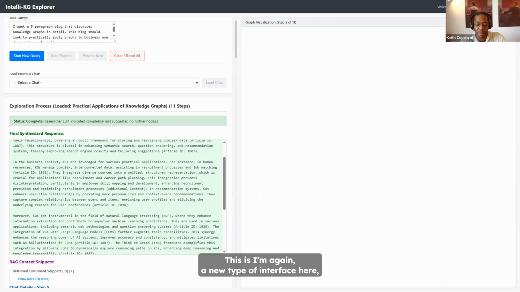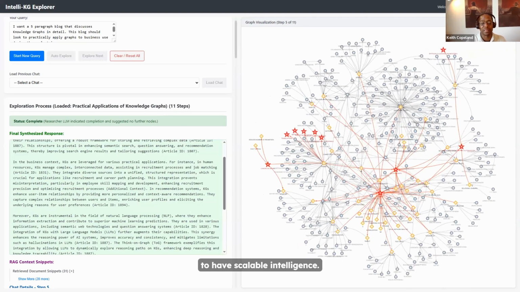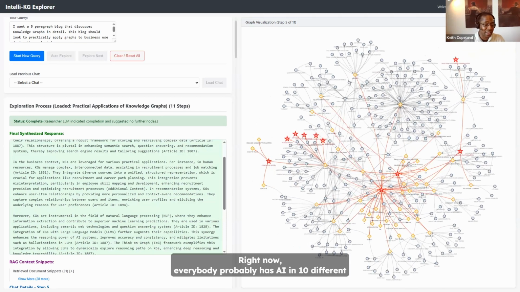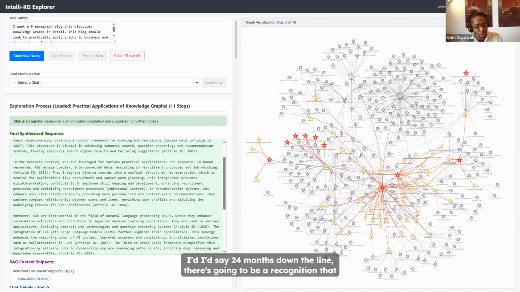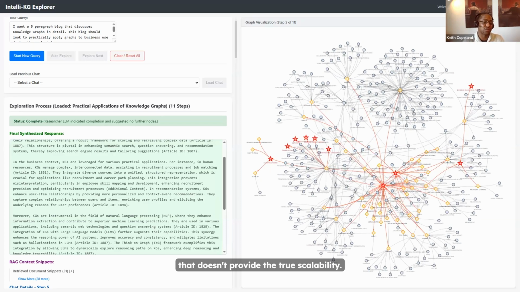This is, again, a new type of interface here, but this is kind of what we see at Rock River as being the application to have scalable intelligence. Right now, everybody probably has AI in 10 different applications in their finance, in their procurement. I'd say 24 months down the line, there's going to be a recognition that that doesn't provide the true scalability.